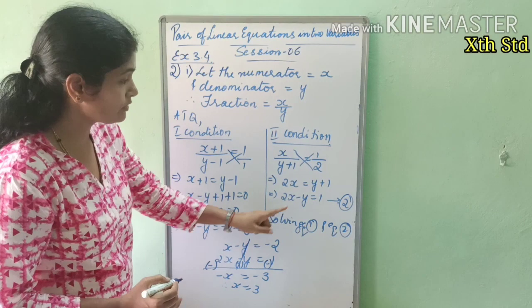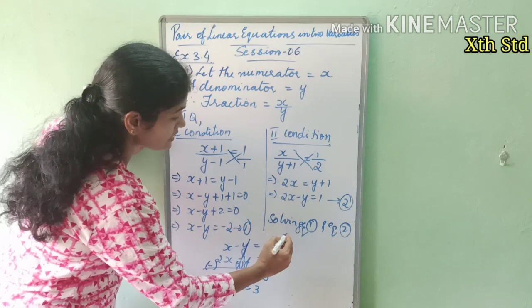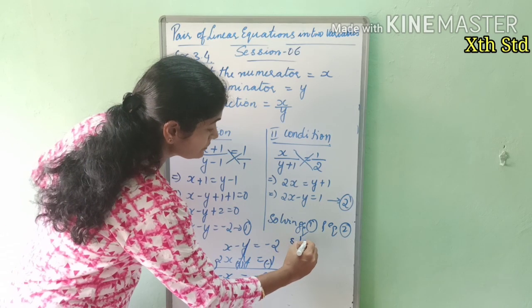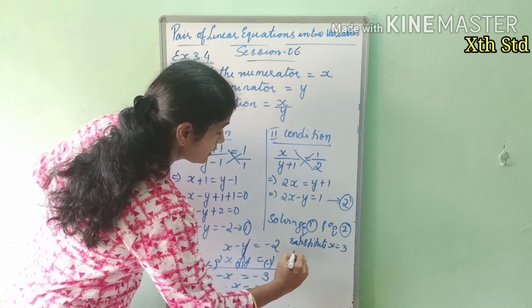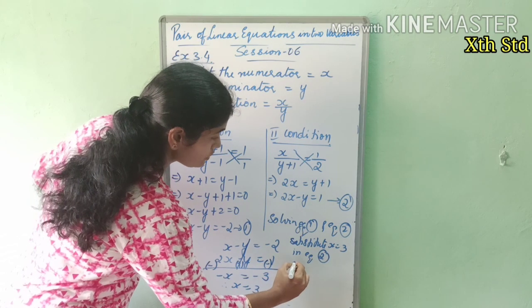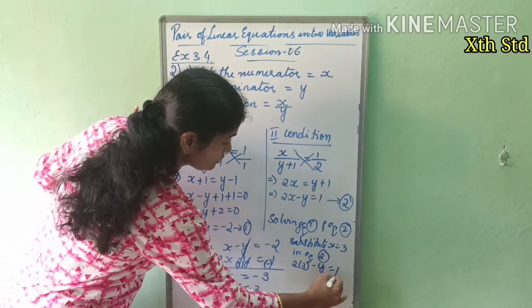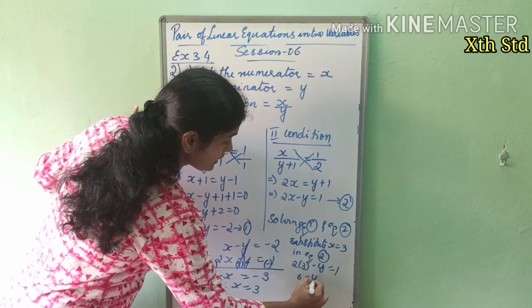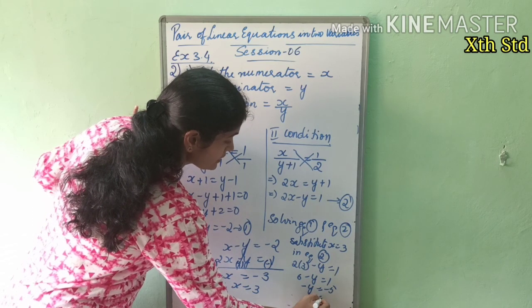Once you have got x equal to 3, you substitute it in any of the equations. Substitute x equal to 3 in equation 2. So what do we get here? 2 into 3 minus y equal to 1. Therefore, 6 minus y is 1, minus y is minus 5, so y is 5.